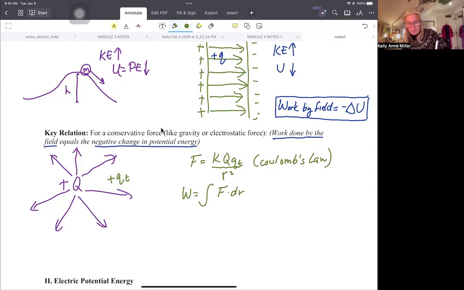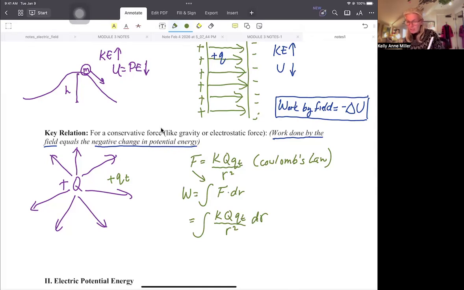So if I plug the Coulomb's law force into that integral, I'm going to get k, which is just a constant, times big Q times the test charge, divided by r squared. And then I'm going to integrate that dr. So I'll integrate 1 over r squared. Remember, if I integrate 1 over r squared, it's just 1 over r.